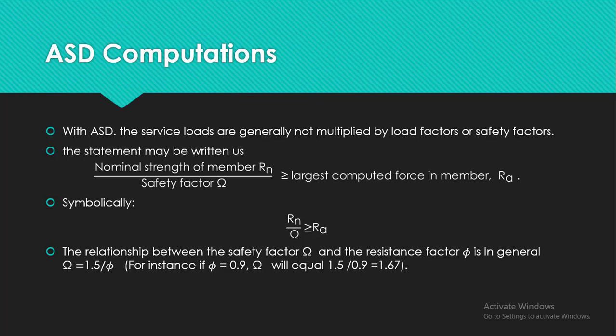Symbolically, as is clear, what is the relationship between omega, the safety factor, and phi, the resistance factor? Generally, omega is equal to 1.5 divided by phi. If we take an example, with phi equal to 0.9, omega will equal 1.67, as we divide 1.5 by 0.9.